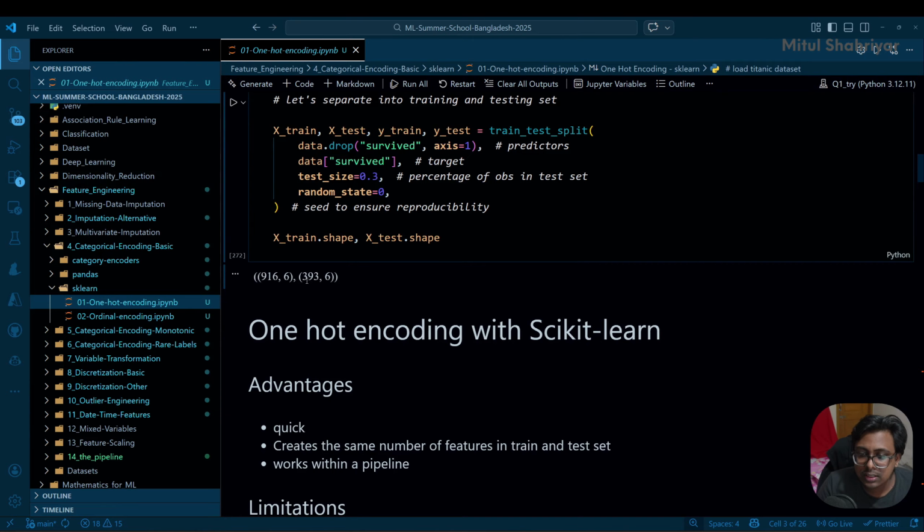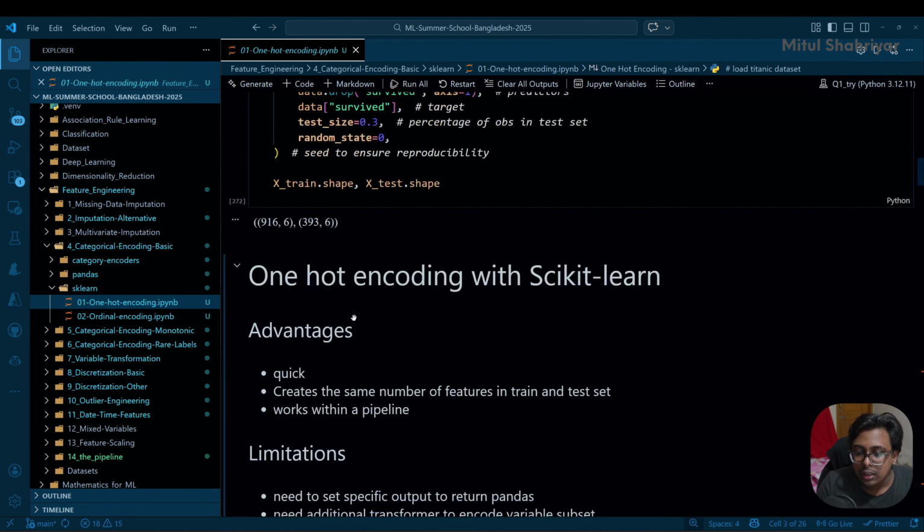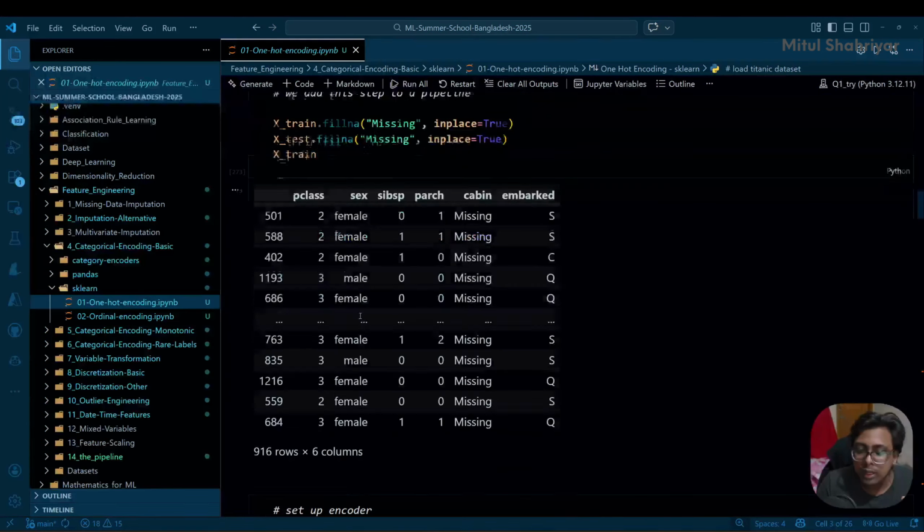You can see 916 data for training and 393 data for testing. This is how it was split for training, and you can see that we have 6 columns here for X. Great.